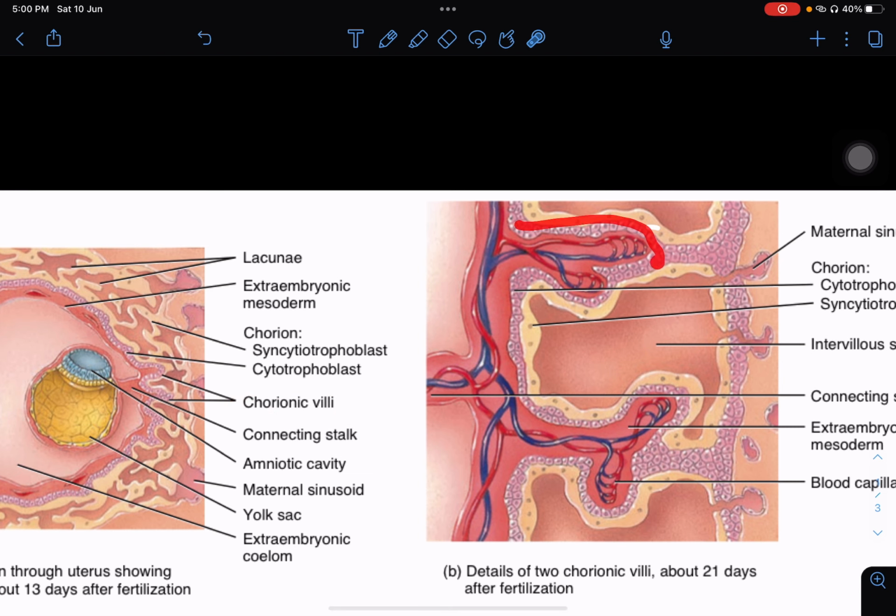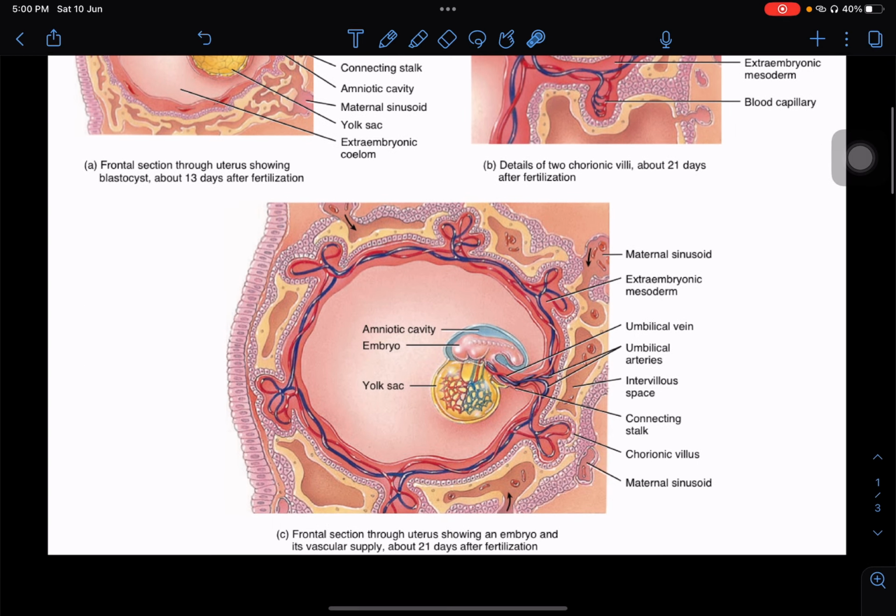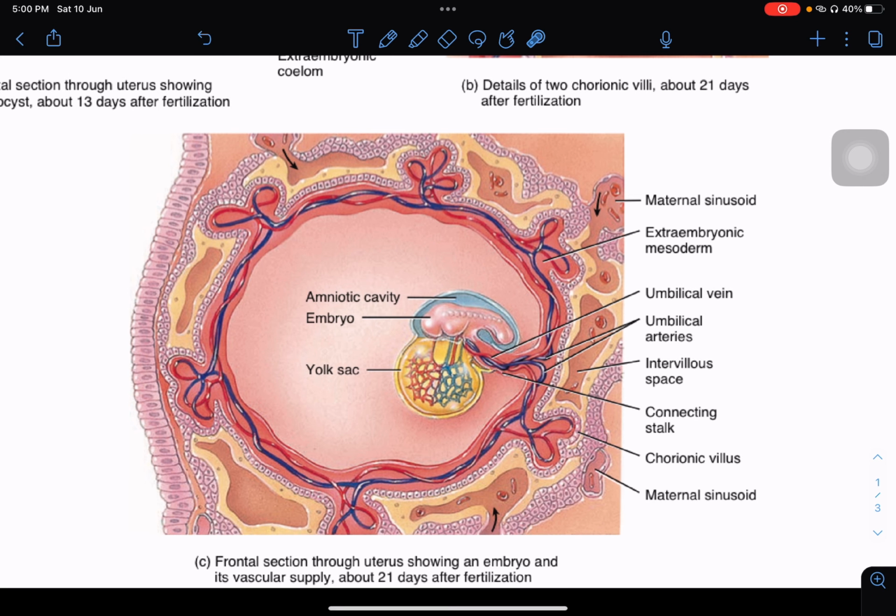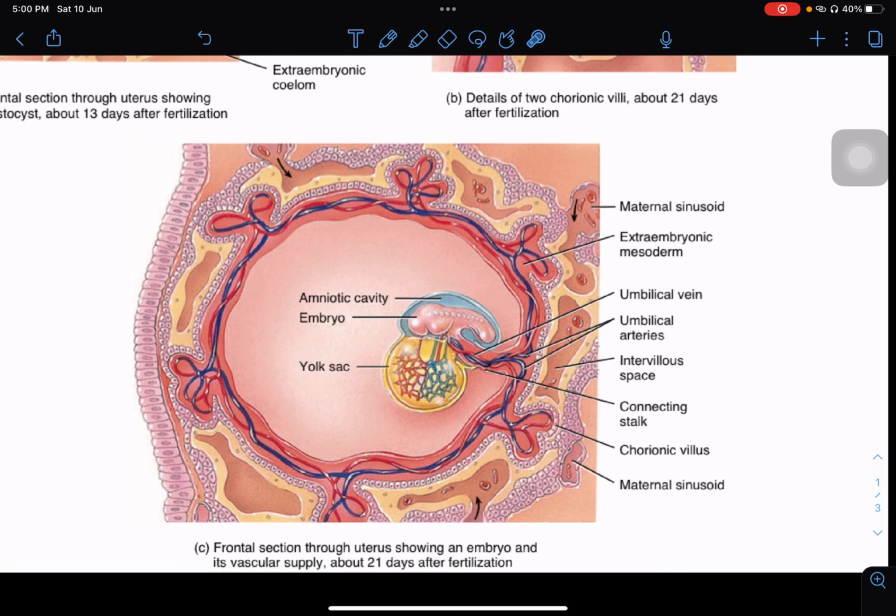Inside this chorionic villi you can see that the blood vessels are being developed, and then later these blood vessels which develop inside the chorionic villi will get connected to the embryo through a structure which is known as umbilical cord, which we'll discuss later.